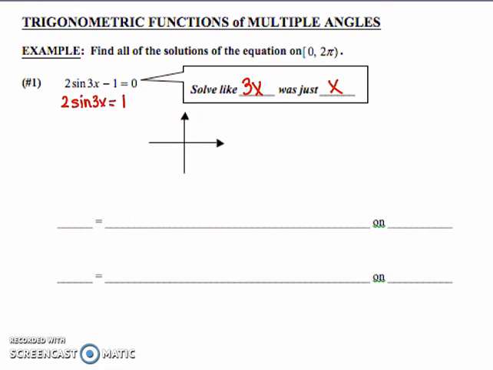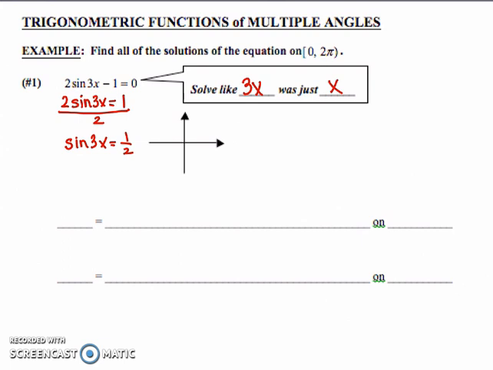And then I'm going to divide everything by 2, so I end up with sine of 3x equals 1/2. Again, if I'm pretending that 3x is just like x, I'm looking for the locations on the unit circle where our sine value is 1/2.